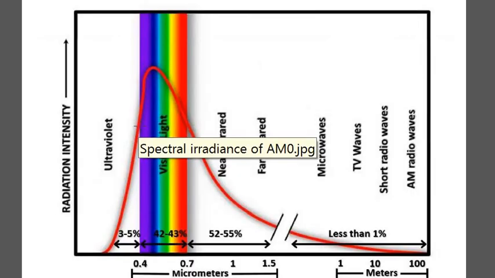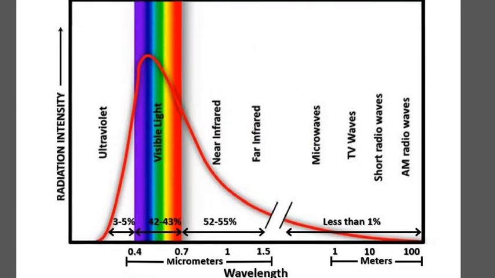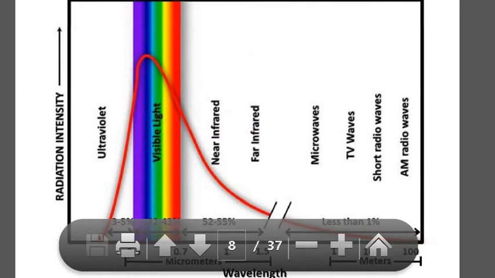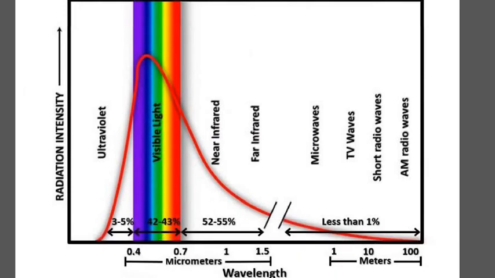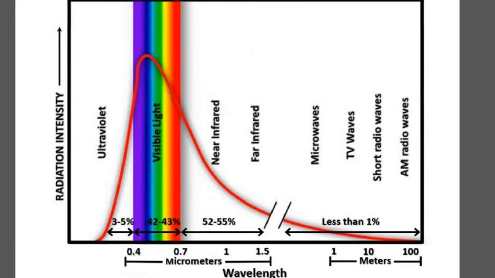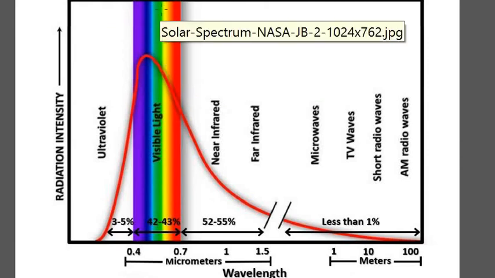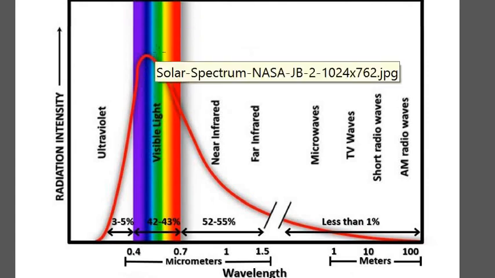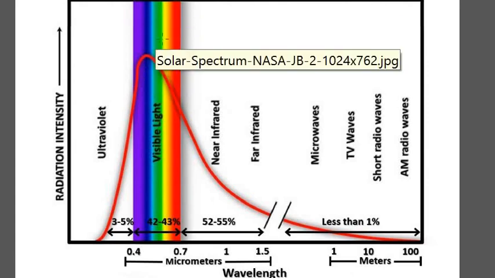Okay, next. So basically, if this is the intensity, then you see we have got ultraviolet part as well over here. And how much is this? It is approximately 3.5%. And here we have the visible part, which corresponds to say 42 to 43% of the intensity.